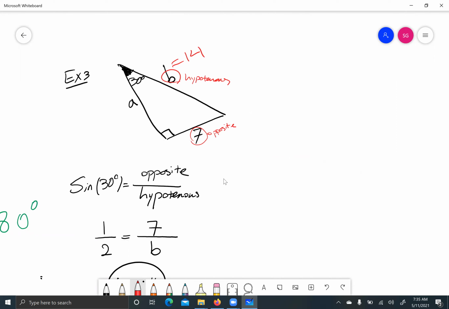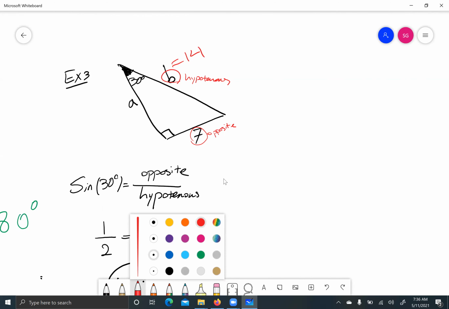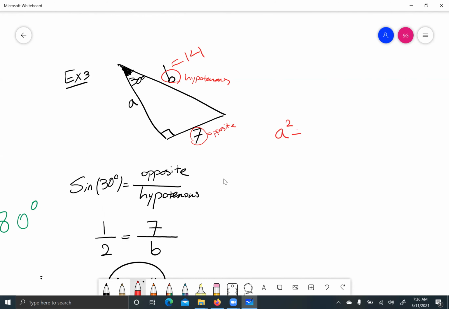Now you have a right triangle, and you know that you have this relationship between the sides of the triangle. A squared plus 7 squared is going to be the hypotenuse squared.